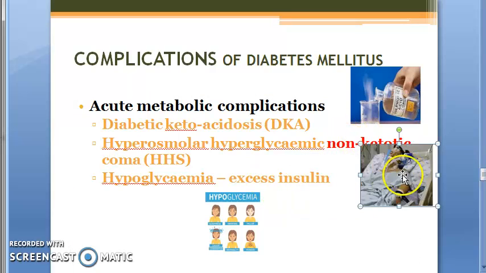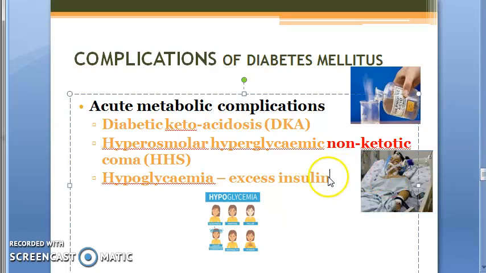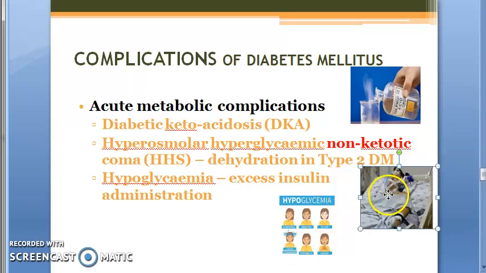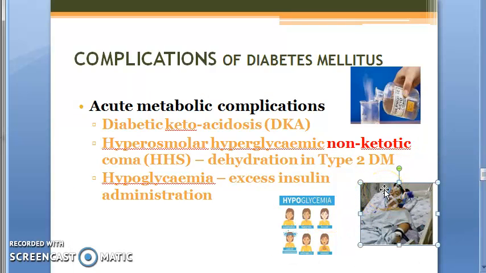It's not directly because of hyperglycemia, it is because of excessive insulin administration. And hyperosmolar hyperglycemic non-ketotic coma is because of dehydration, mainly in type 2 diabetes mellitus. The loss of glucose in urine is so intense that the patient is unable to drink sufficient water to maintain urinary fluid loss.